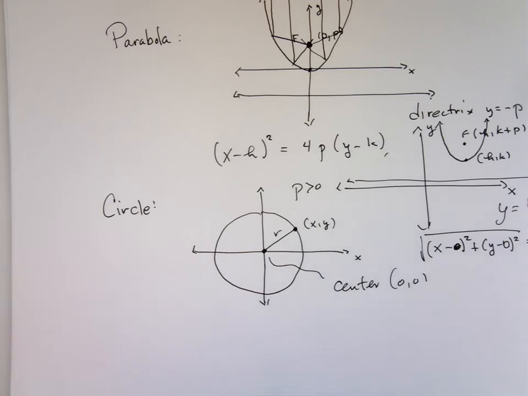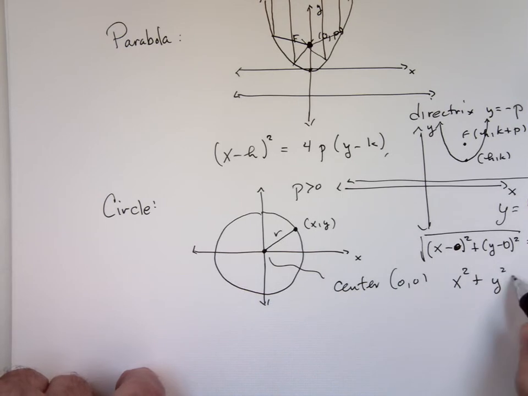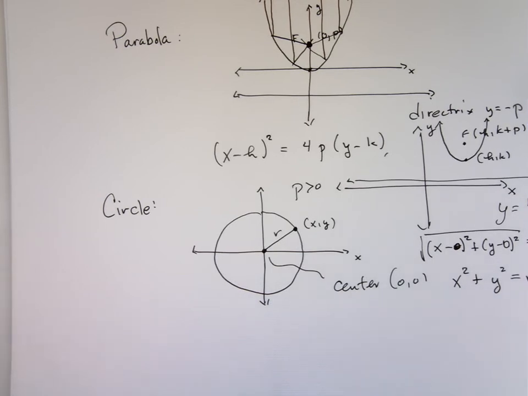Okay? Because every point on the circle has the same relationship. The distance from the point to the center is a given distance, r. This is the distance formula. Square both sides. x squared plus y squared is r squared.